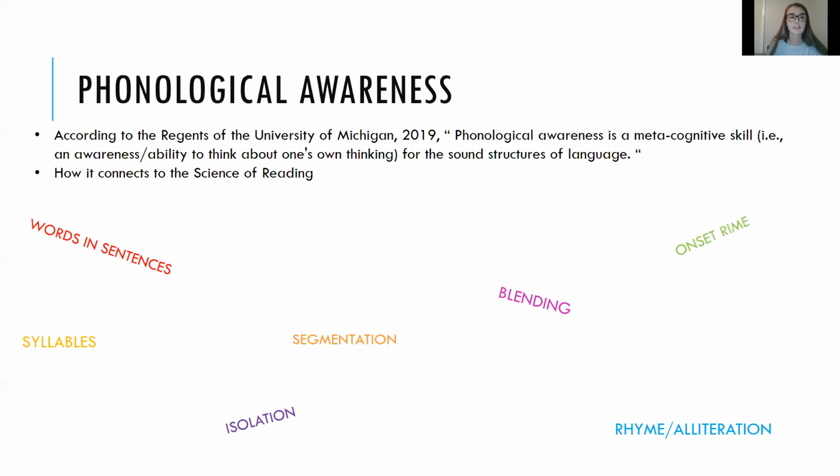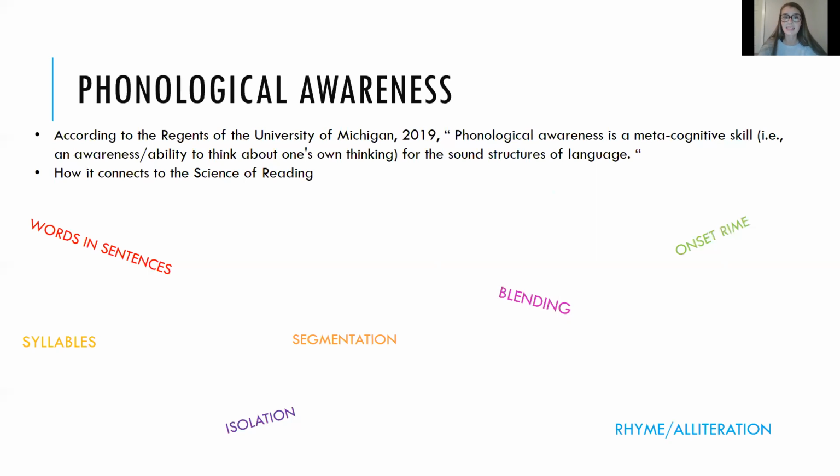So phonological awareness, okay? According to the Regents of the University of Michigan in 2019, phonological awareness is a metacognitive skill, i.e. an awareness and ability to think about one's own thinking for the sounds of language. Okay, so this is where all of the reading and writing skills are going to come together. It's going to be all the different components. They're going to be tied in.